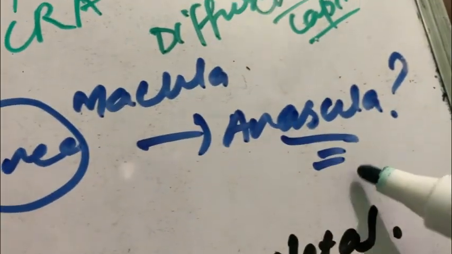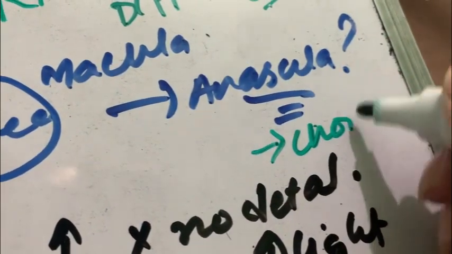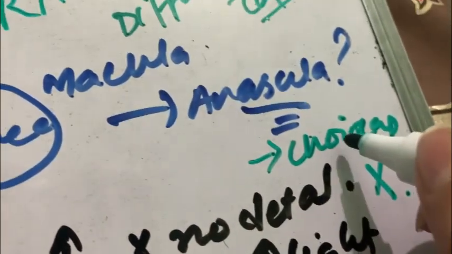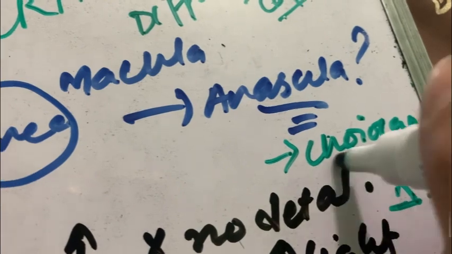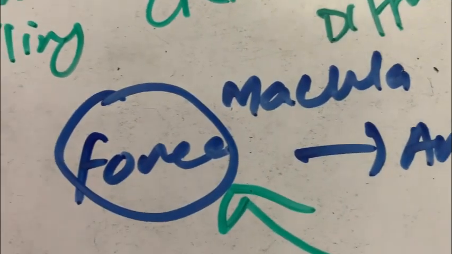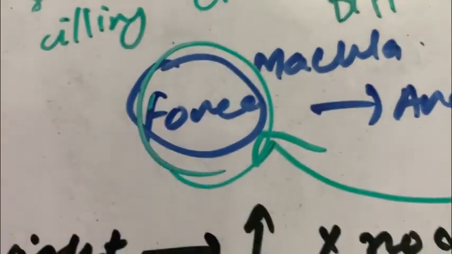So this is how, by the help of choriocapillaries that do not pierce it, it provides nutrition by the process of diffusion to the fovea, or specifically called macula lutea.